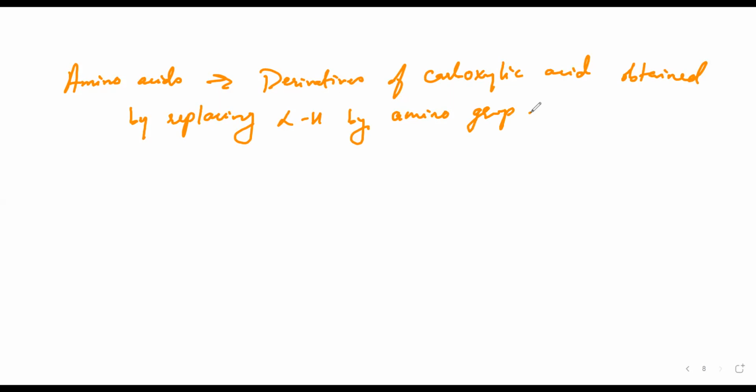Whenever we say amino acid, there are two functional groups involved: carboxylic and amino, that is COOH and NH2.